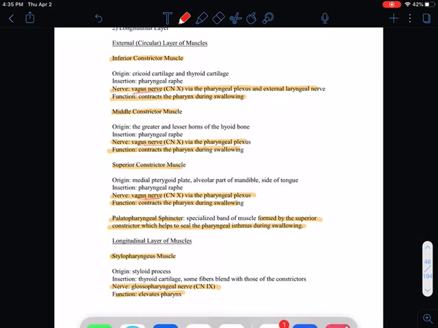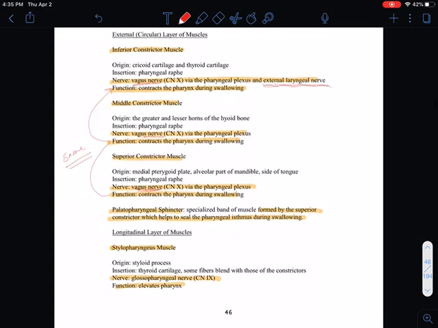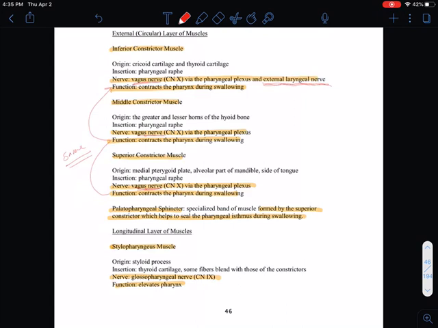It's worth noting that our inferior constrictor muscle also gets a little bit from the external laryngeal nerve, which makes it a little unique. They all do the exact same function. They all contract the pharynx during swallowing. So they're all working together to contract the pharynx while you swallow. Again, all vagus nerve innervation, except we get a little bit from the external laryngeal with our inferior constrictor.